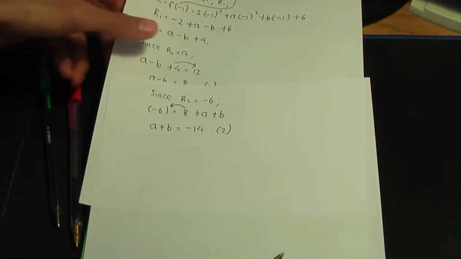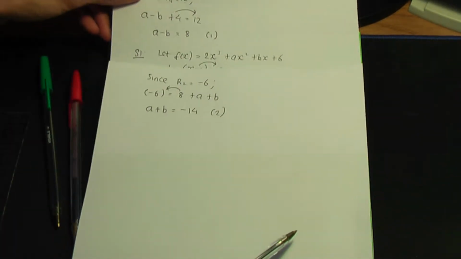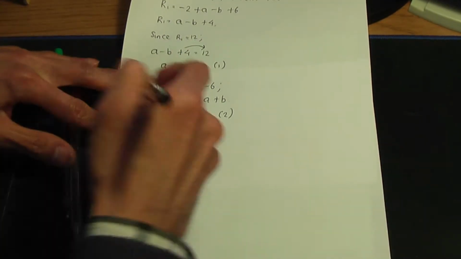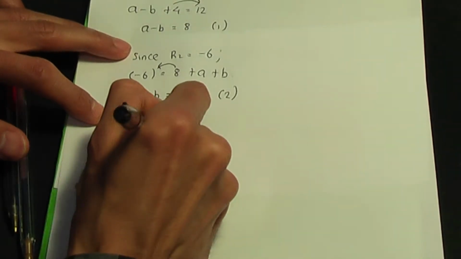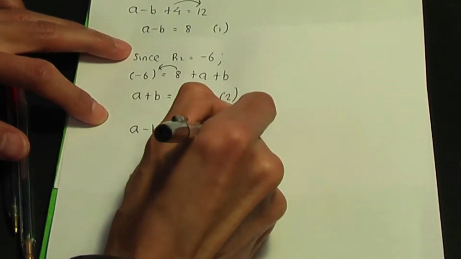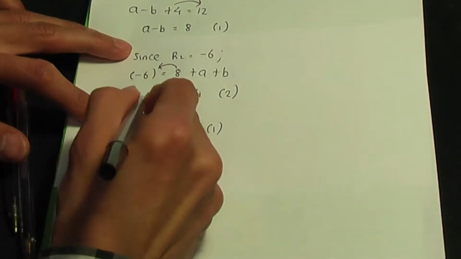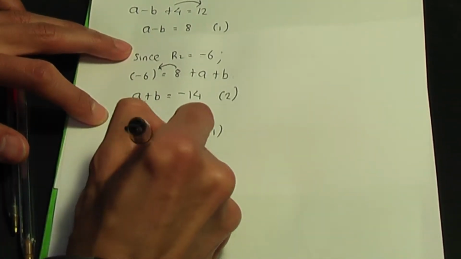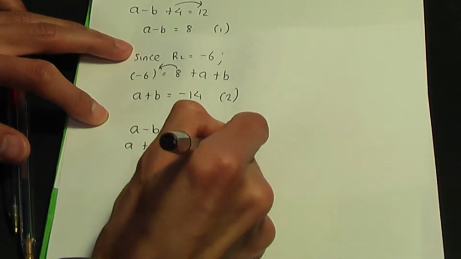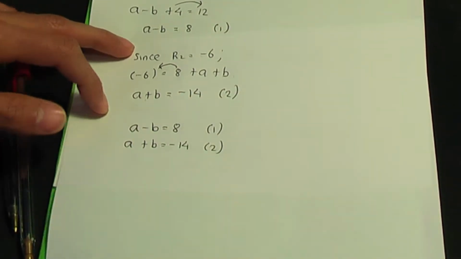So let me write down the 2 equations. Equation number 1 is a minus b is equal to 8. Equation 2 is a plus b is minus 14.